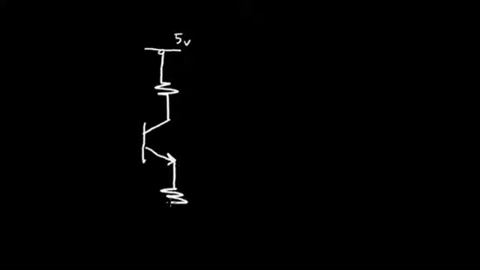Let's do a very simple circuit design to illustrate how we can use this NPN transistor. Let's say I have a 5-volt power supply. I'll connect a resistor to an NPN transistor, and in the emitter circuit I'll put in another resistor to ground.